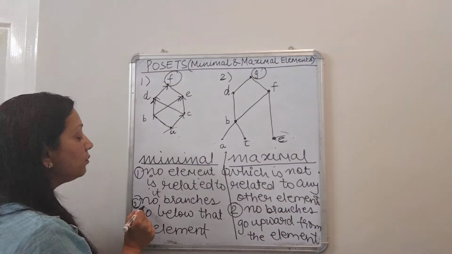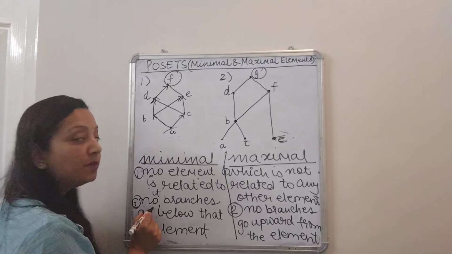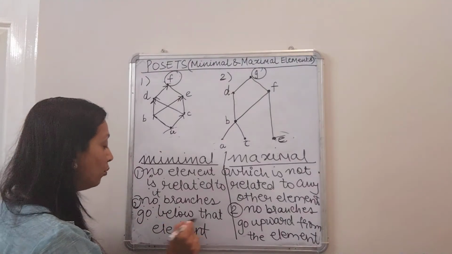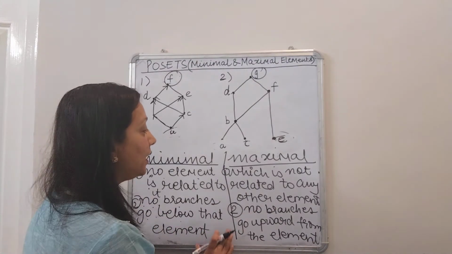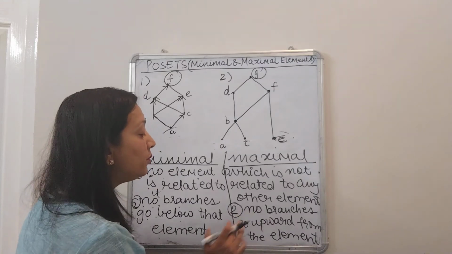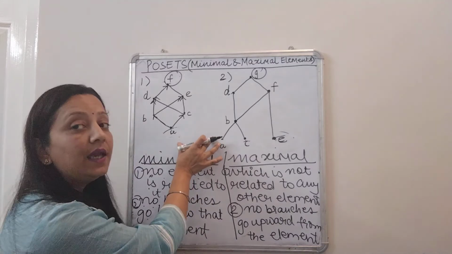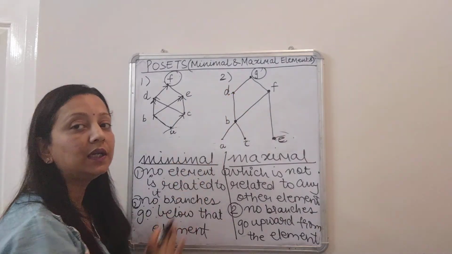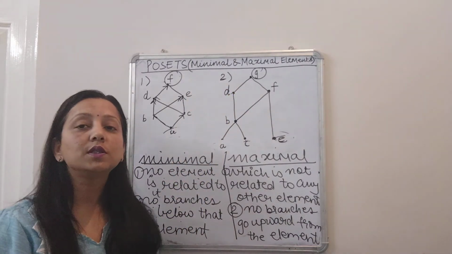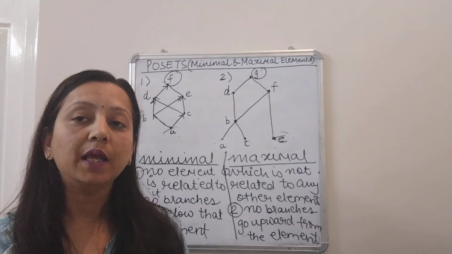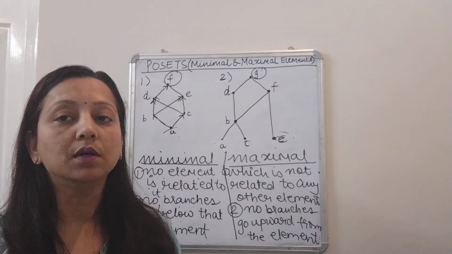The second point of difference is that in case of a minimal element, no branches go below that element, and in case of a maximal element, no branches go upward from that element in the hash diagram, which you can clearly see over here. So this is all about the minimal elements and the maximal elements in a poset.